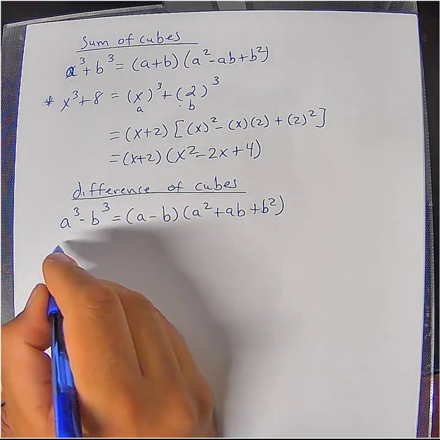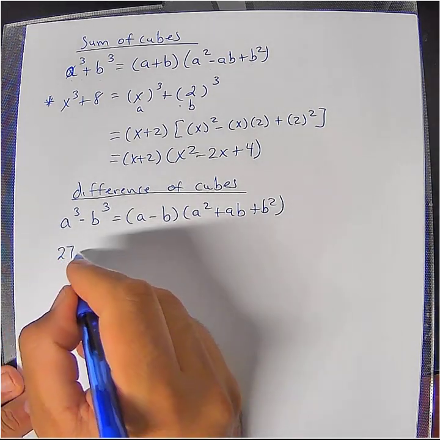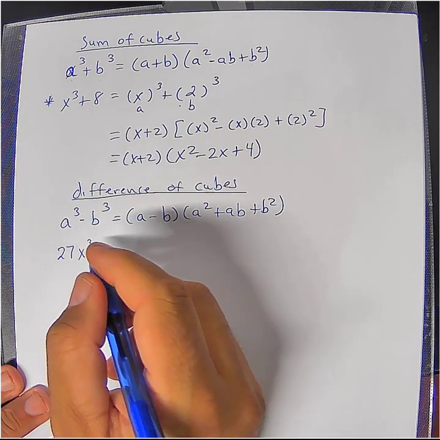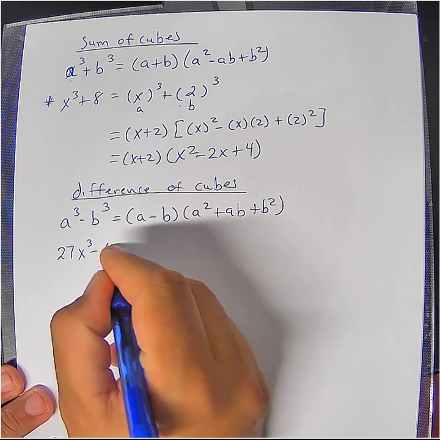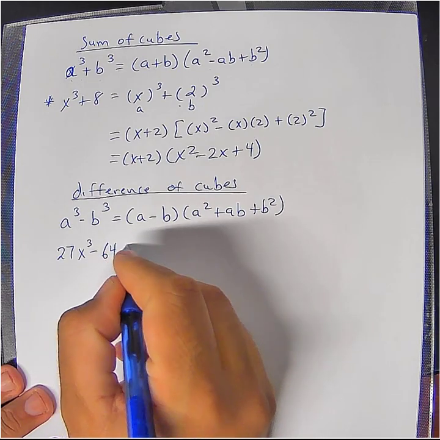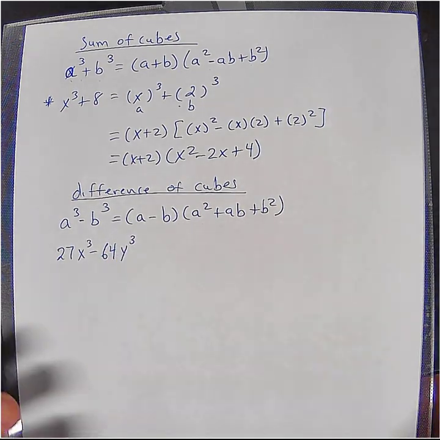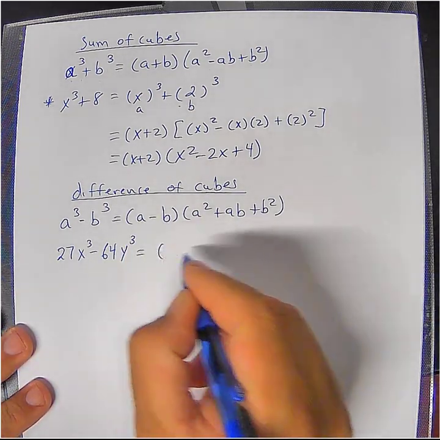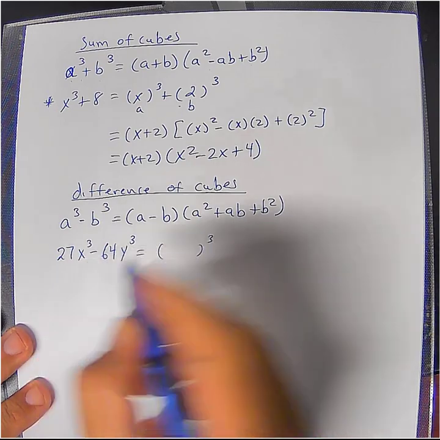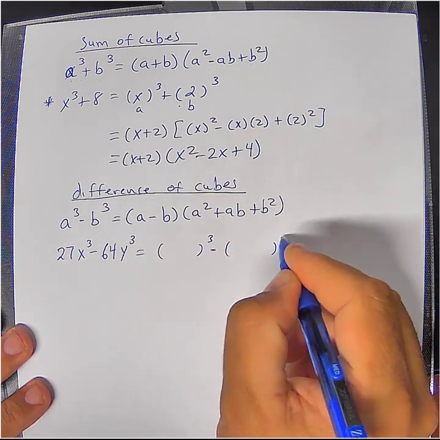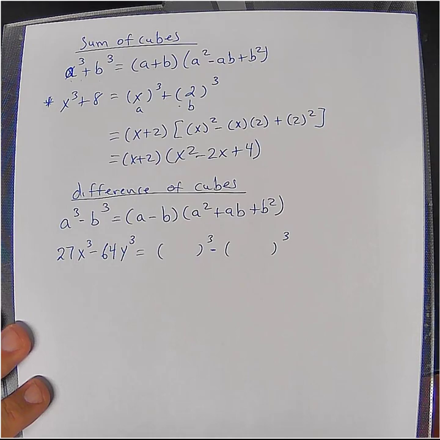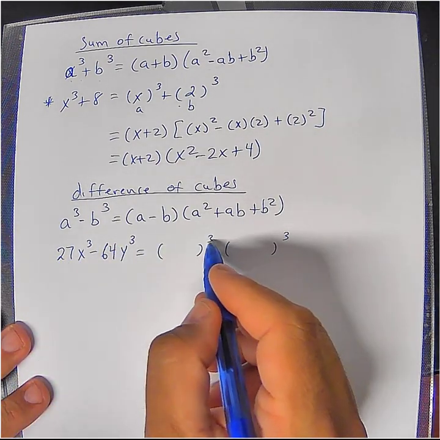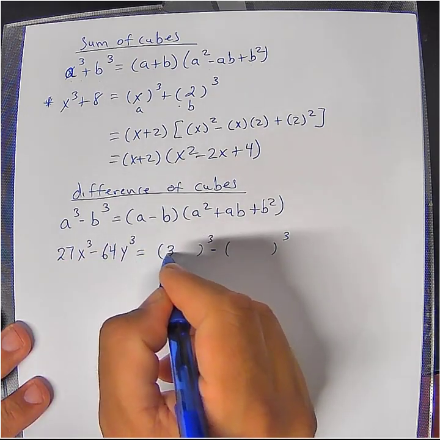So if I had 27x cubed minus 64y cubed, let's see if I can rewrite this as something cubed. I see a minus. Take the number 27. What number times itself 3 times gives you 27? That's 3.